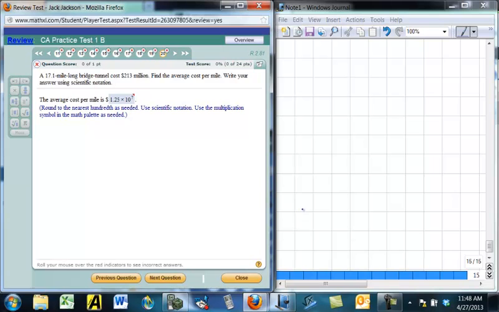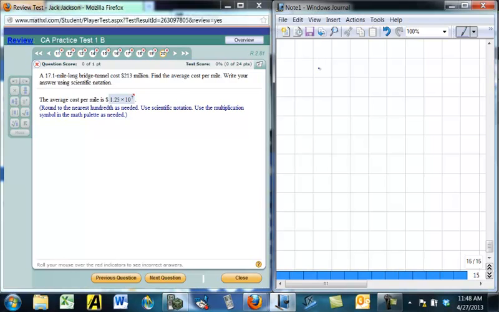A 17.1 mile long bridge tunnel costs $213 million. Find the average cost per mile. So we need cost per mile. So we need to divide dollars by miles. And that'll be the units. The units will be dollars per mile.